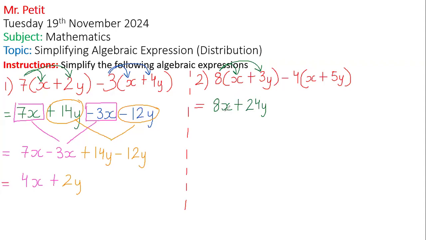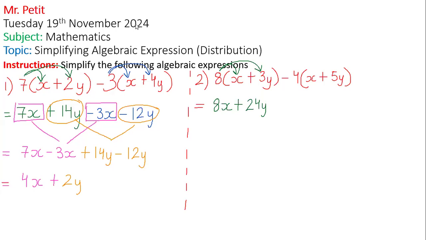You see that? What is 8 times 3? 24. So let's try it again. What is 8 times x? 8x. And what is 8 times 3? 24. Very good. So it's 8x plus 24y.